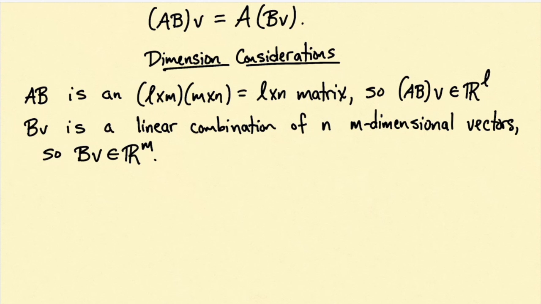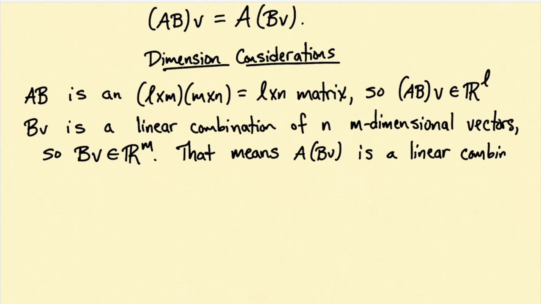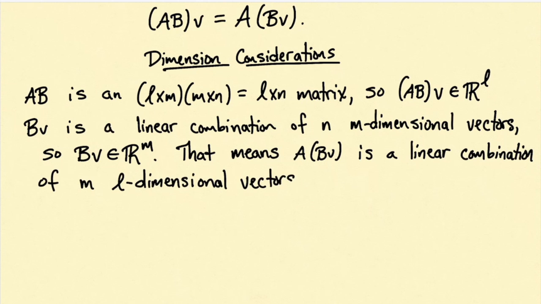That means when we take the matrix A and multiply on the right by BV, this is a linear combination of m L-dimensional columns from A. So A times BV is also an L-dimensional vector. So it does make sense to say that these two things are the same, because they do in fact live in the same space.